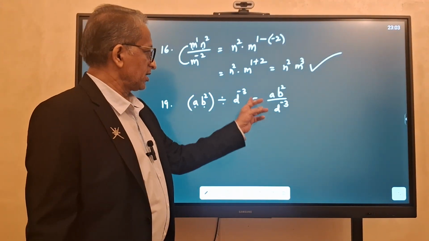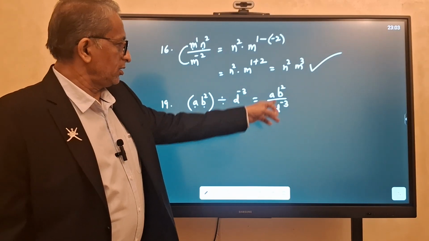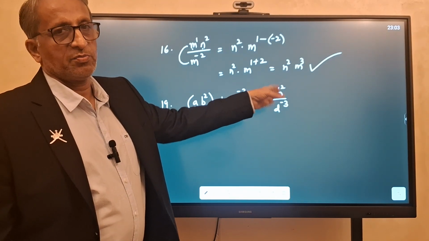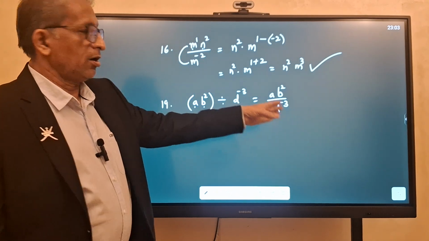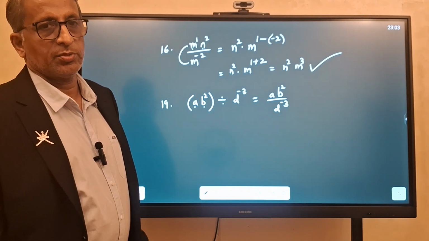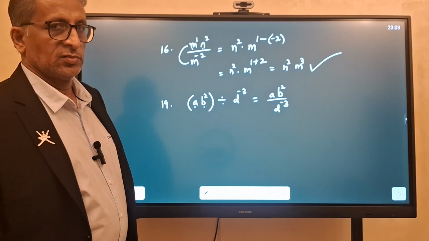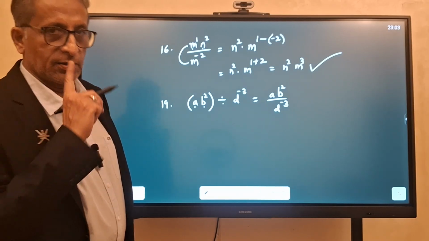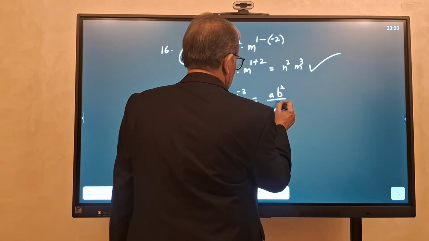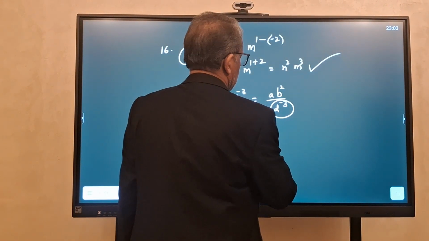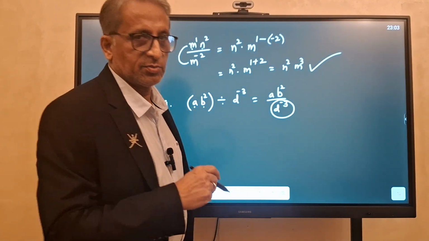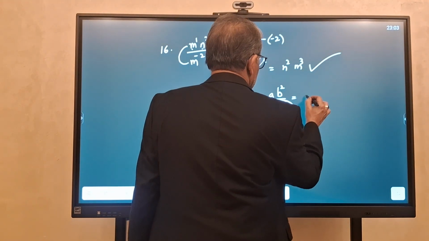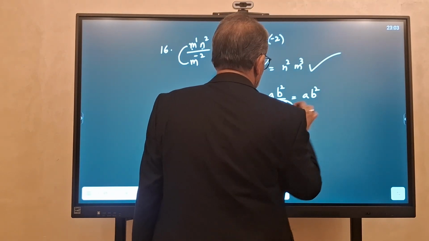Now I have three index numbers. Look at it. All these three index numbers have different bases. Therefore, I cannot use law number 1, nor can I use law number 2. But I will use one law. The power of this index number is negative. I can make it positive, and that's my last answer. That means a b square, no change.